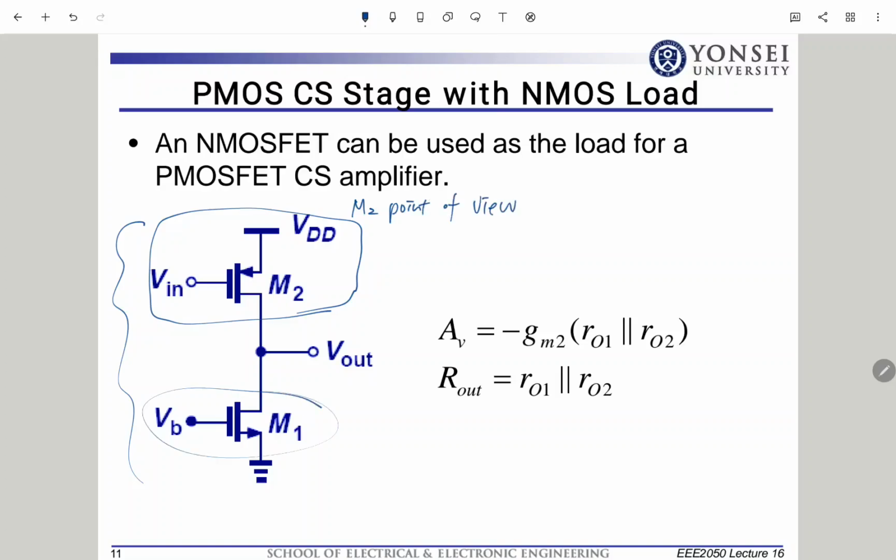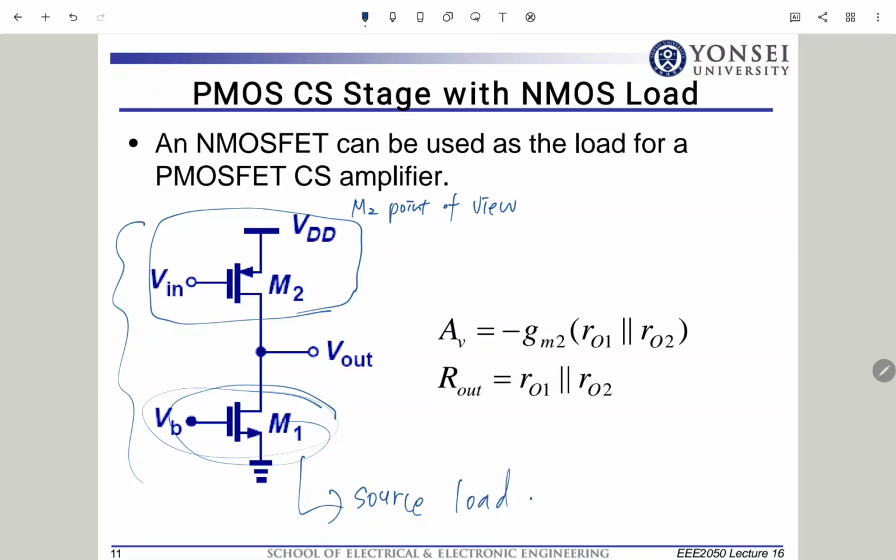What is M1 transistor? Also, this serves as source load, right? Source load.